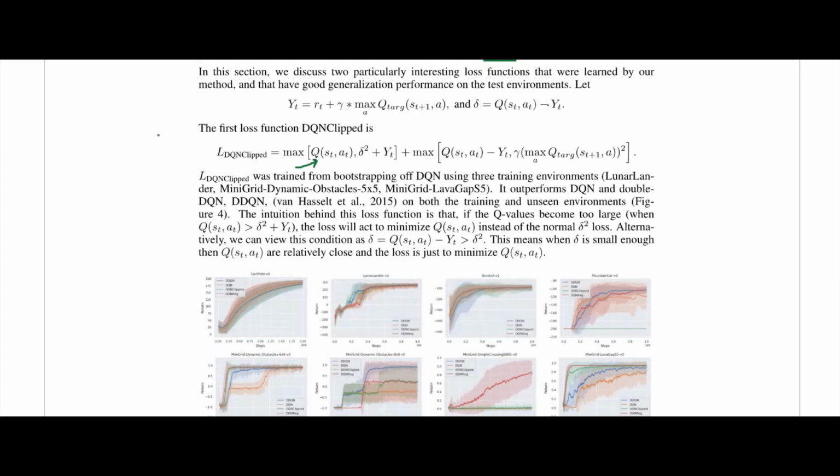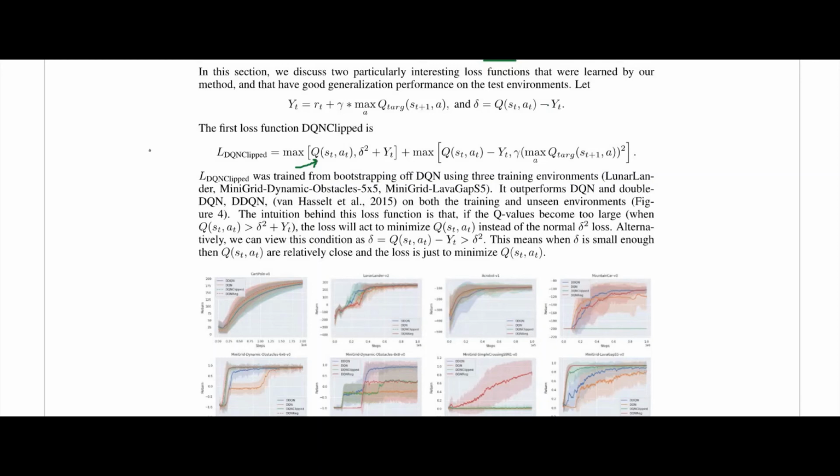So what it does is that it is sort of acting as a regularizer on the Q value. If the Q value becomes too large, it will focus on decreasing the Q values. And this is a good thing because there are algorithms called conservative Q-learning. In reinforcement learning, the problem is that the network is overly optimistic and it overestimates the Q values, and that leads to weird performances.